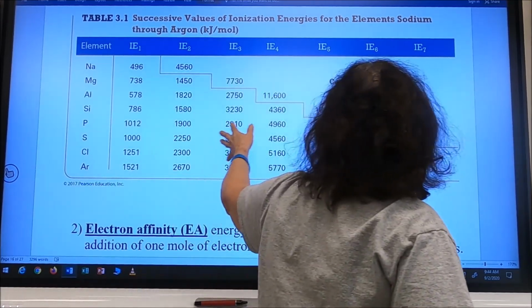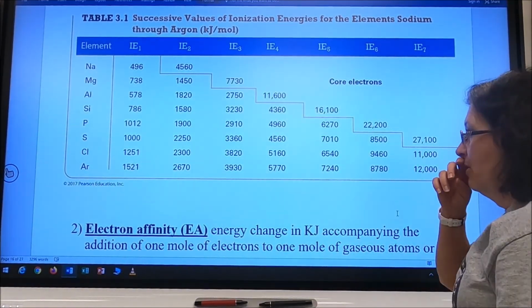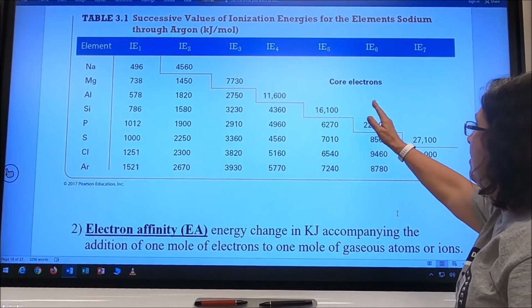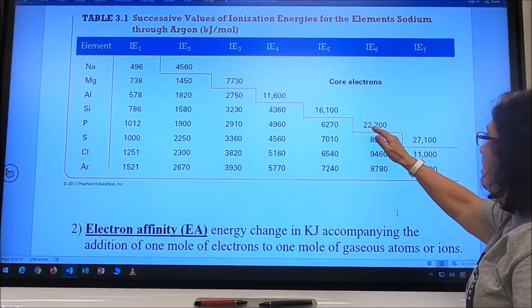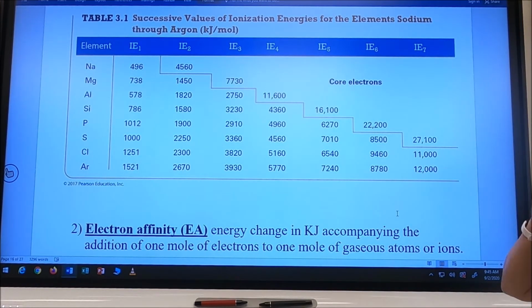When you move from the valence electrons in toward core electrons, it gets ridiculously hard. The more electrons you remove, the more expensive energetically it is. Every successive electron is harder.